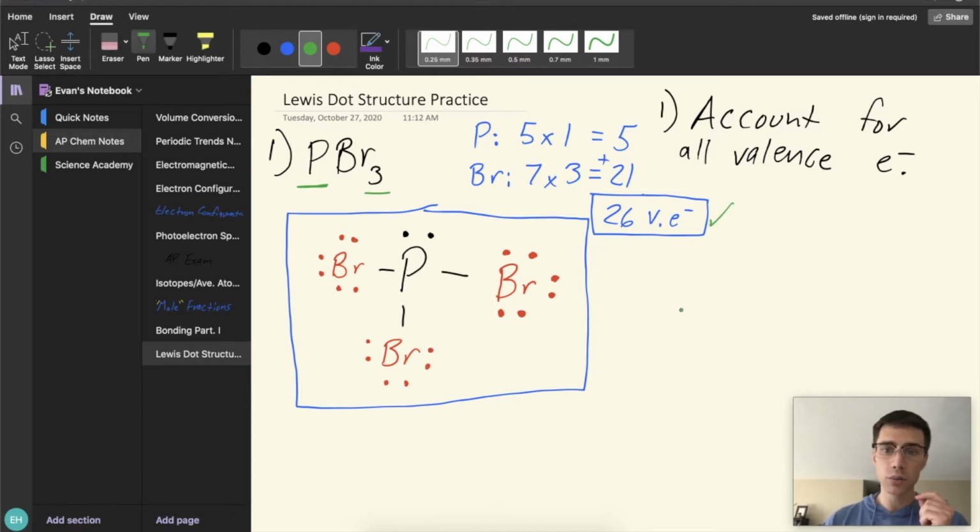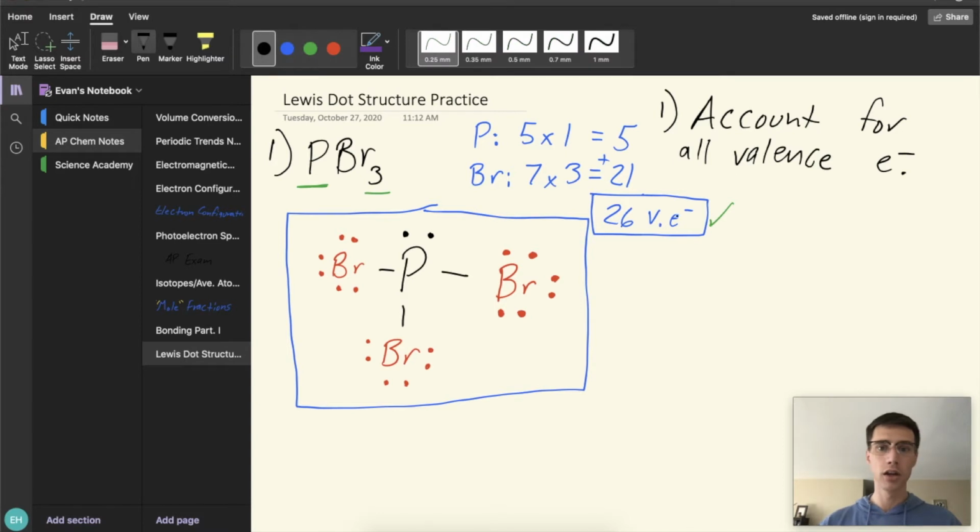So we are good with that, right? We just checked off that we have all 26 valence electrons shown in this Lewis dot structure. And again, that is why we need to make sure that even if these lone pairs are not being utilized for covalent bonds, right? We're either going to have a covalent bond or a lone pair. We still want to show that all of the lone pairs are there. Okay, we can't get rid of any valence electrons.